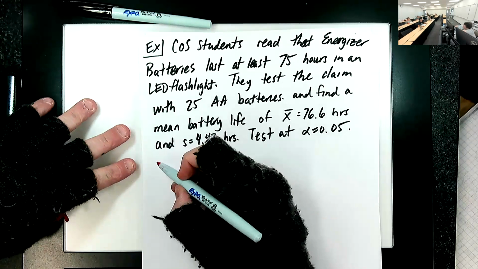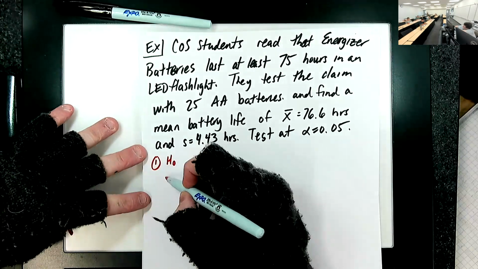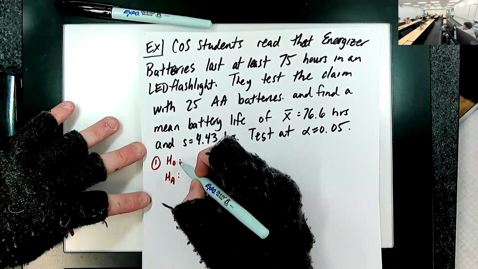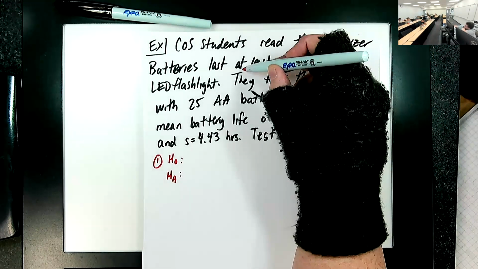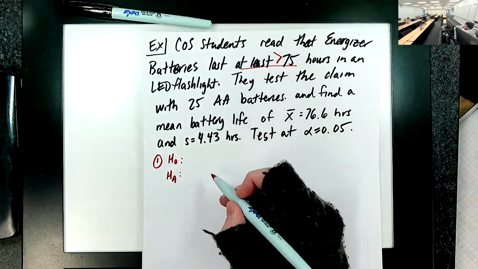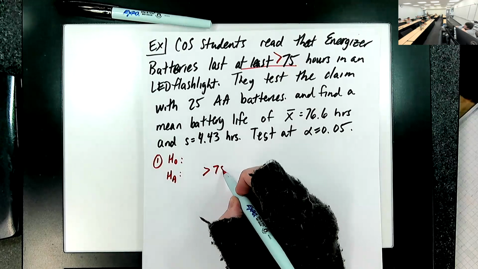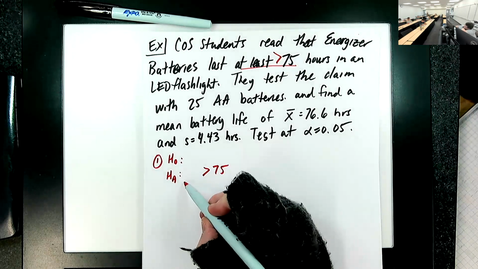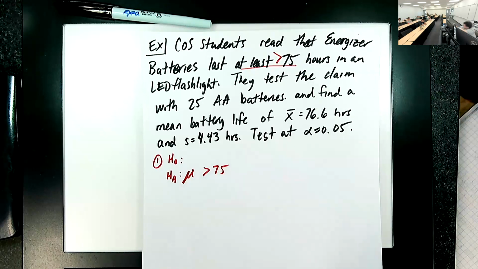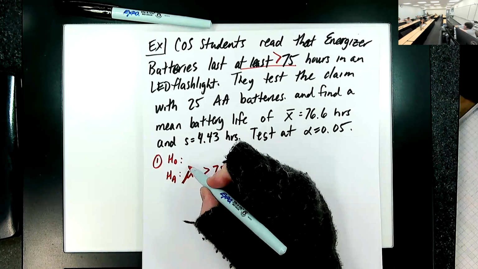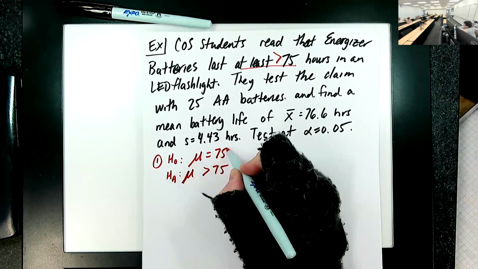Step 1 is we need to identify H0 and HA. And we were just doing that verbally out loud. At least is like greater than. So greater than 75. And the greater than is an inequality, so it goes on HA. We are talking about the mean battery life, so it's a mean. And that's going to make H naught mu equals 75.